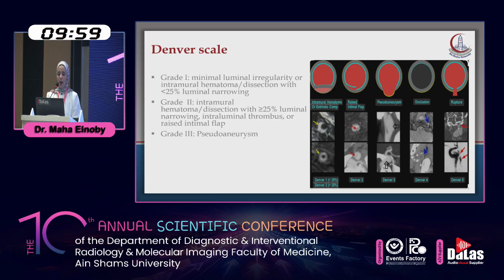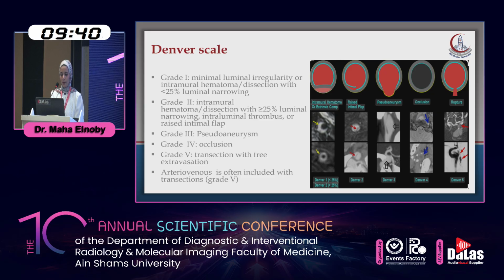Grade 3, pseudoaneurysm. Here we can see a pseudoaneurysm of Denver scale type 3. Grade 4, complete occlusion of the vessel. Grade 5, transection with free extravasation of the contrast. Pseudoaneurysm and arteriovenous fistula are often included with transection in grade 5.